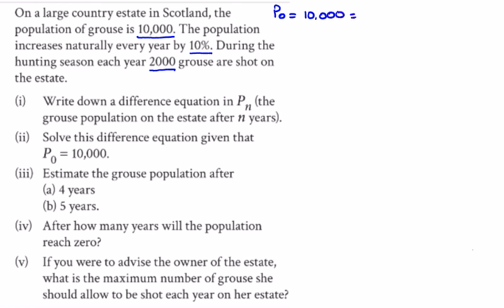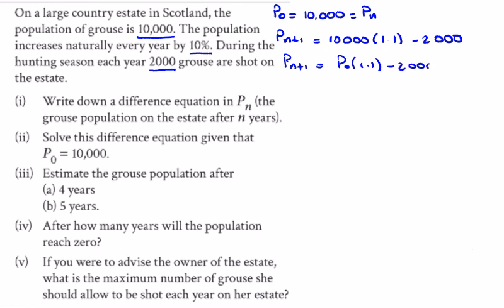If we imagine that's the population now, in a year's time the population is equal to 10,000 by the growth rate, take away the 2,000. So Pn plus 1 is equal to Pn by 1.1 minus 2,000.